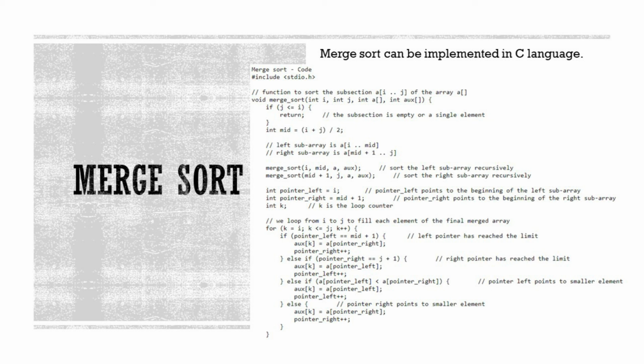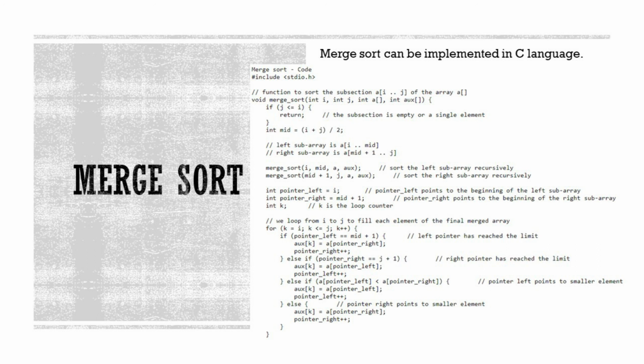And then int mid equals (i plus j) divided by 2. And then the left subarray is A[i..mid], and the right subarray is A[mid+1..j]. And then we have mergesort(i, mid, A, aux), which sorts the left subarray, and then mergesort(mid+1, j, A, aux) sorts the right subarray.